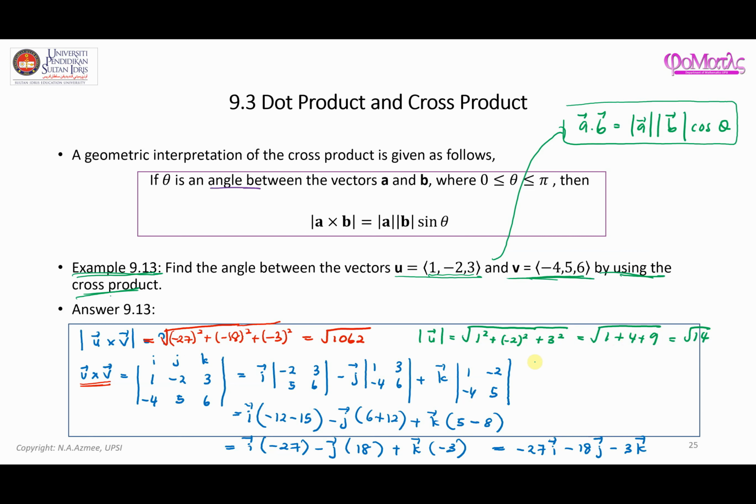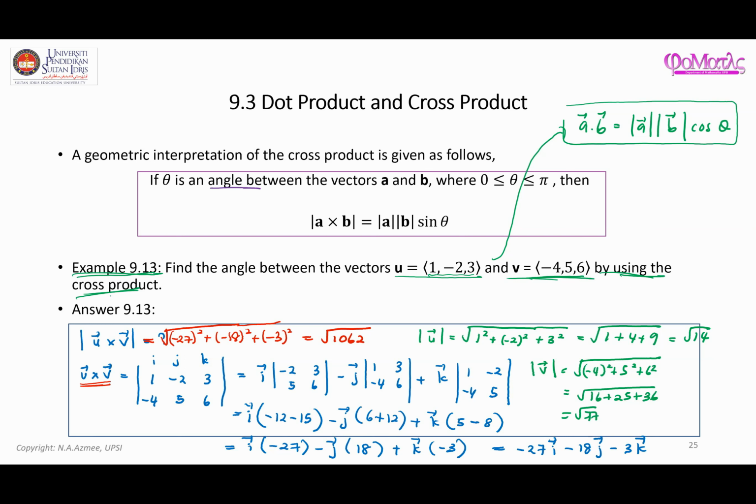And you can also find the magnitude of vector v. So magnitude of vector v is -4 squared plus 5 squared plus 6 squared, and this is equal to 16 plus 25 plus 36. So 16 plus 25, 36, 41, 47 plus 30 is 77. Okay, so this is square root of 77.